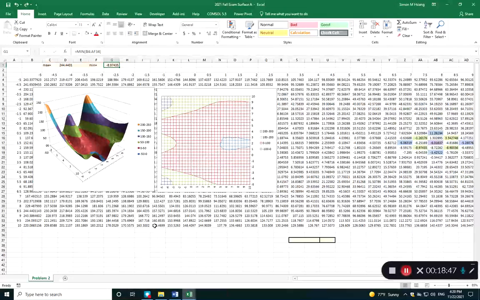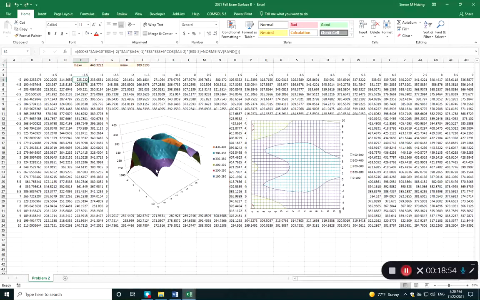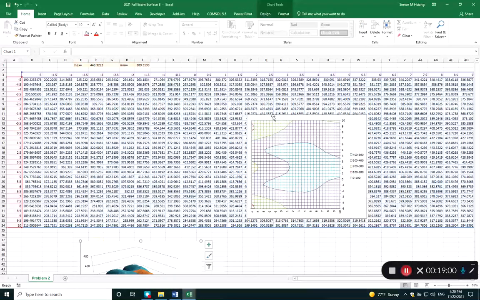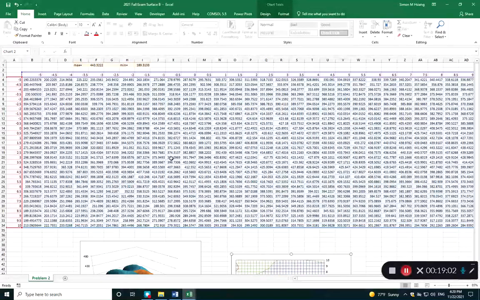Another thing, which is probably not important in this exam problem, is what if, okay? This has got nothing to do with the exam now. In other words, this one is not in the exam.